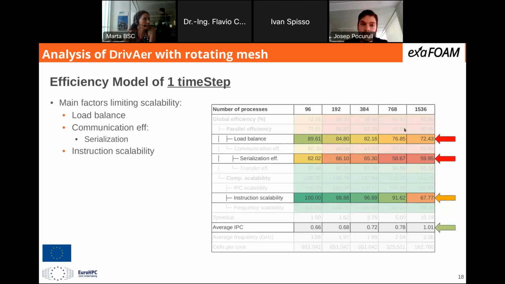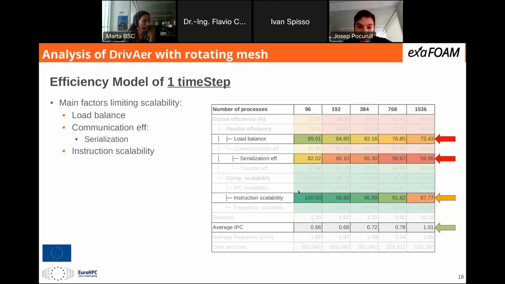metrics was the load balance, because there is a trend that it's going down, like Marta said. And in the communication, we also saw that the serialization was very bad, because as you see, the colors are very reduced.